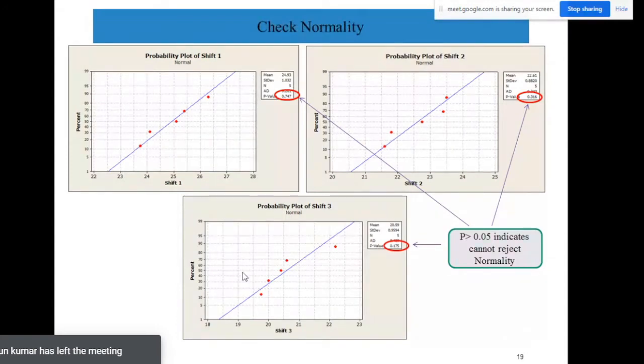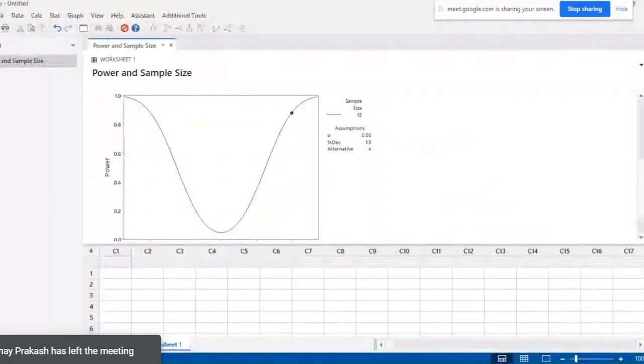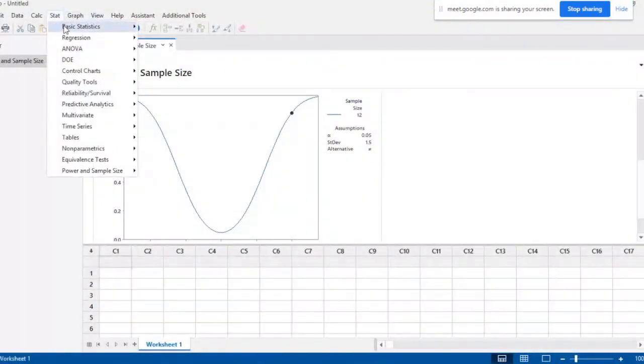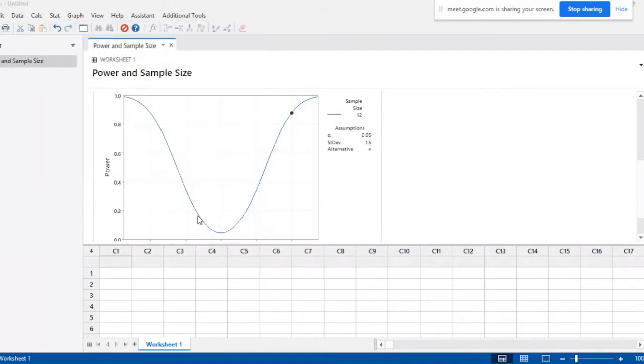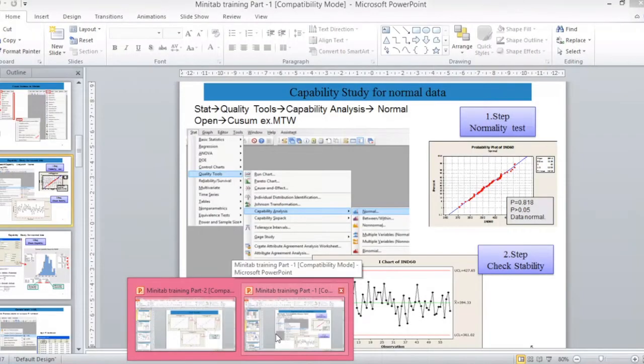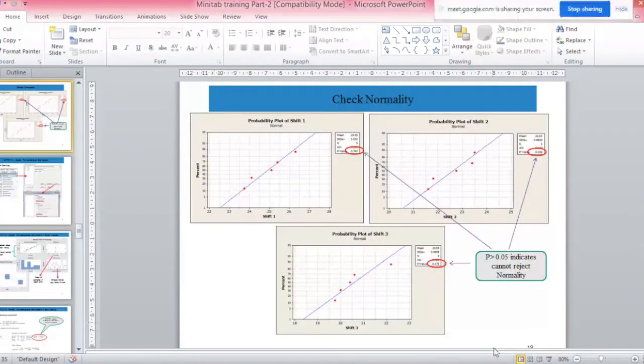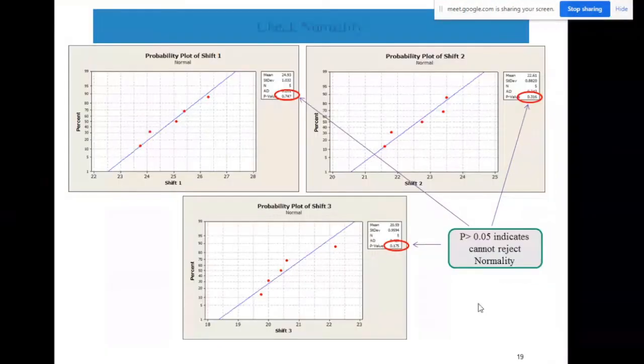When we check the normality, we have to go to Stat, Basic Statistics, and Normality Test. Here we check whether the data are normal, and then you will get these graphs for the normality. Please make a note of this: if the p-value is greater than 0.05, data is normal.